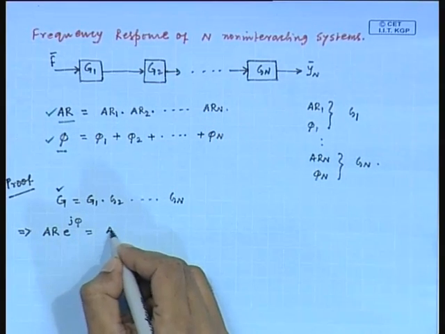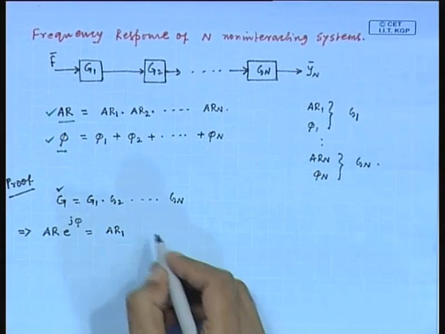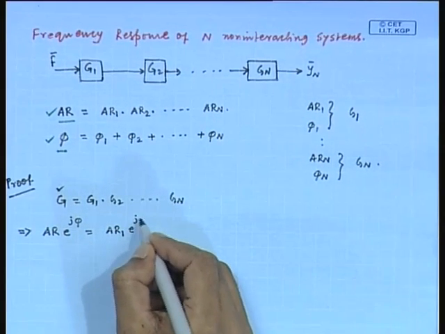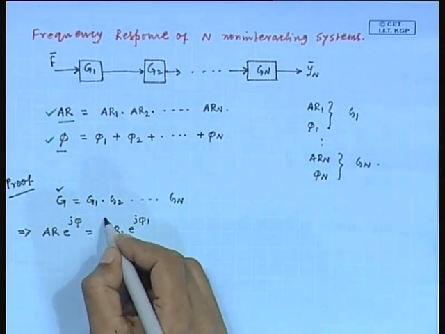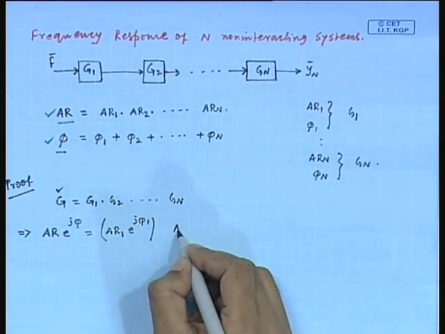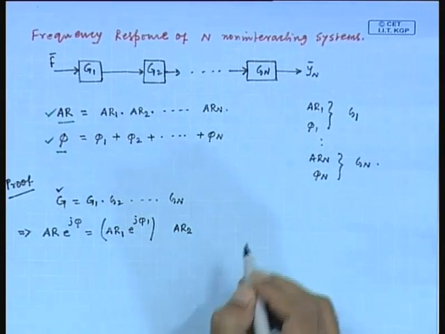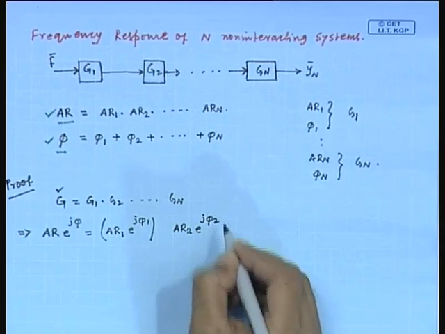Similarly, we can write for G1 as amplitude ratio 1 exponential j phi 1, this is for Z1. For G2 similarly, we can write amplitude ratio 2 exponential j phi 2.